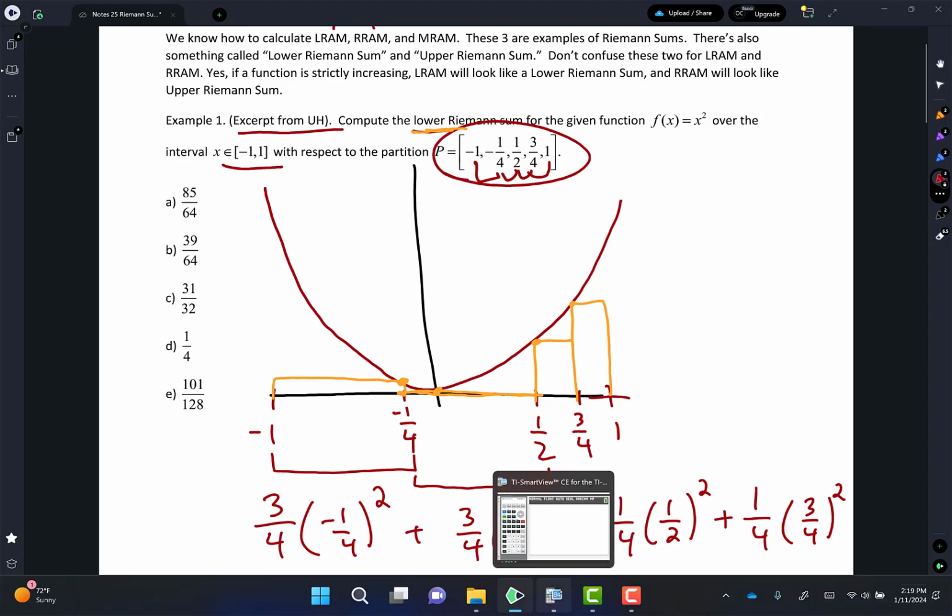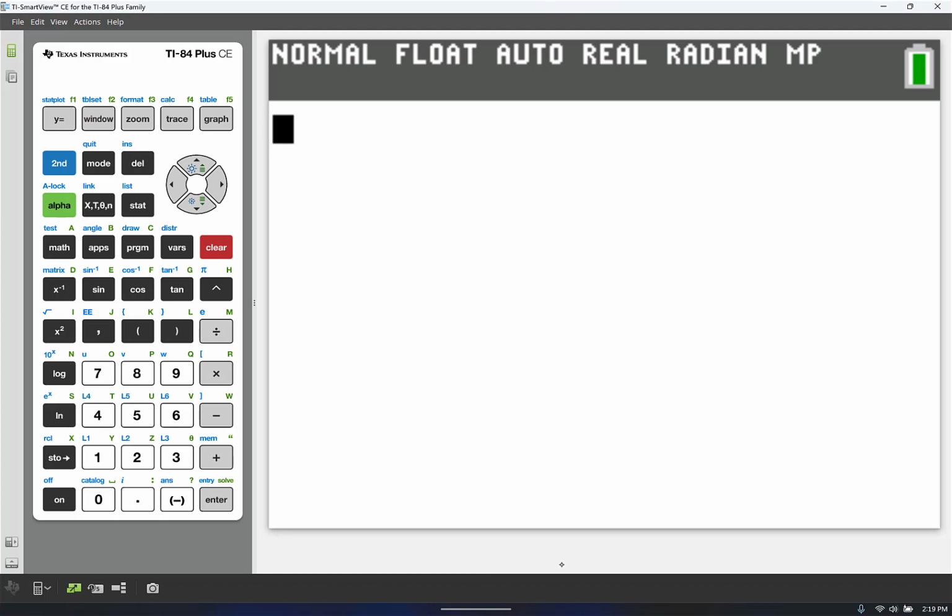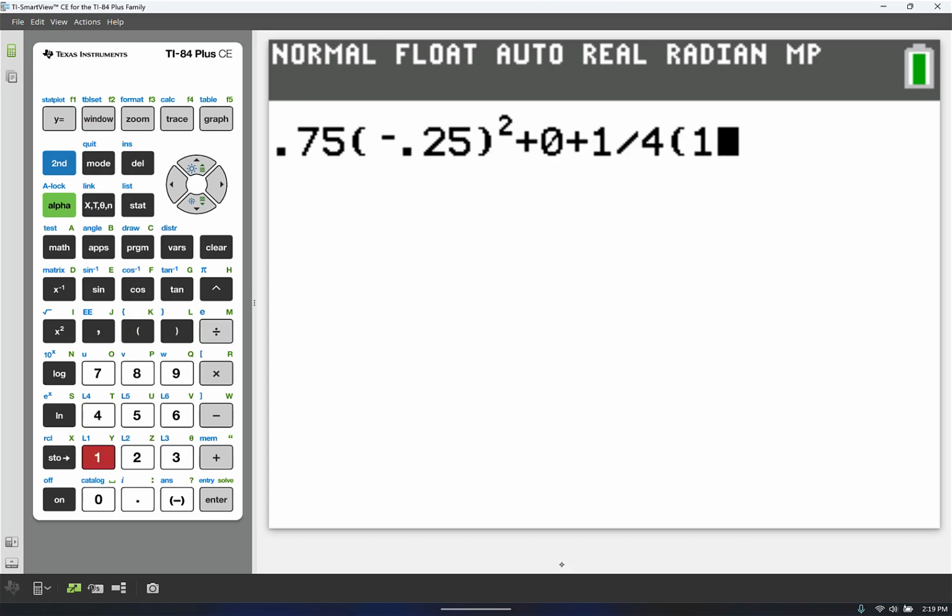So here's my calculator. And I already forgot the numbers because I can't see them. Can you guys help me? What was it? 0.75 times -1/4 squared. Okay, so there I am squaring it. Plus 0. Plus, what was that third one? 1/4 times 1/2 squared.